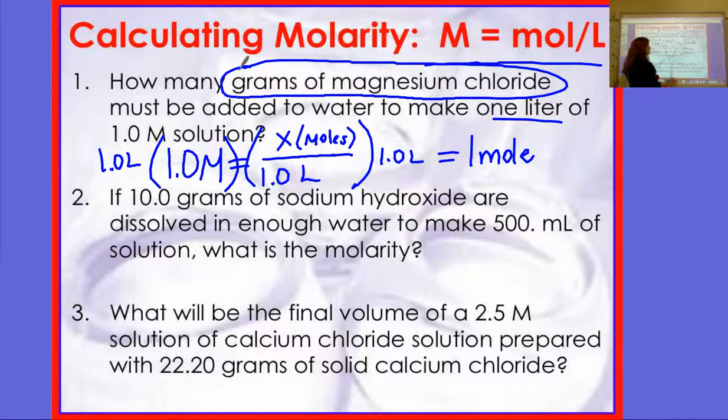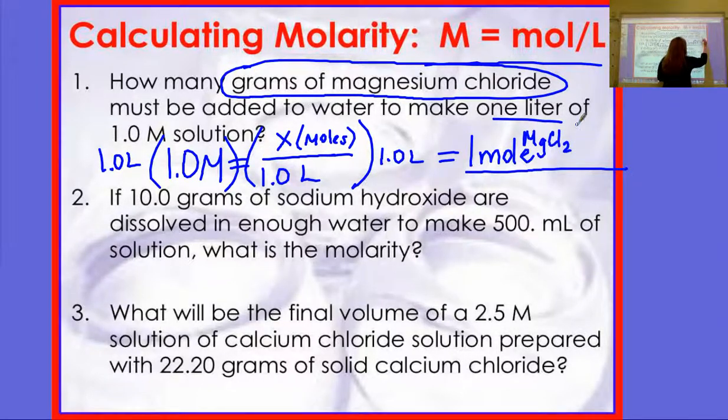Again, our snowman's going to come in handy. 1 mole magnesium chloride. Magnesium is a 2+, chlorine is a 1 minus, MgCl2, and I need my conversion into grams.